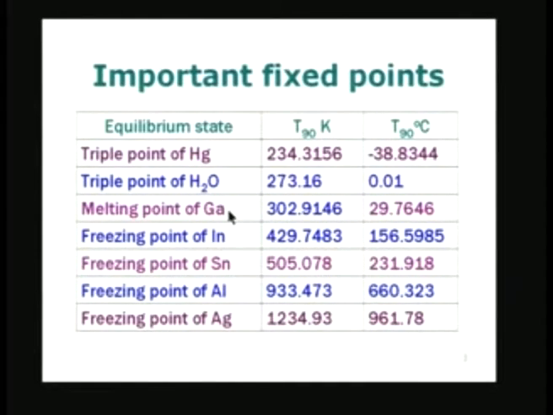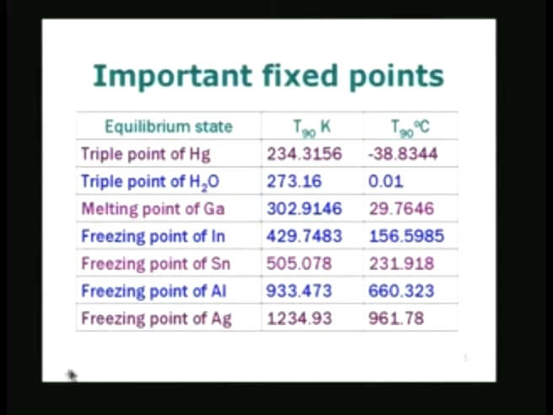Then we have the melting point of gallium, which is about 29.7646 degrees Celsius, very close to normal room temperature. Then the freezing point of indium, about 156.559, then the freezing point of tin, the freezing point of aluminum, and the freezing point of silver, which corresponds to 961.78 degrees Celsius or 1234.93 Kelvin.